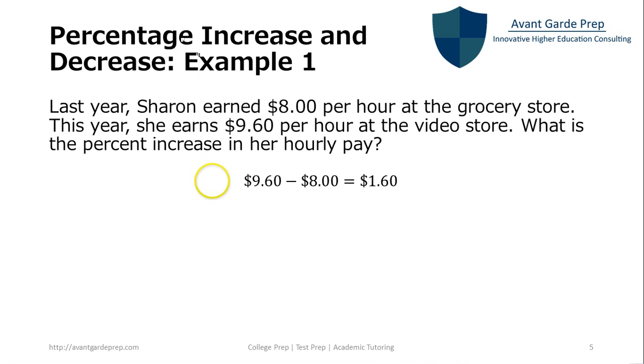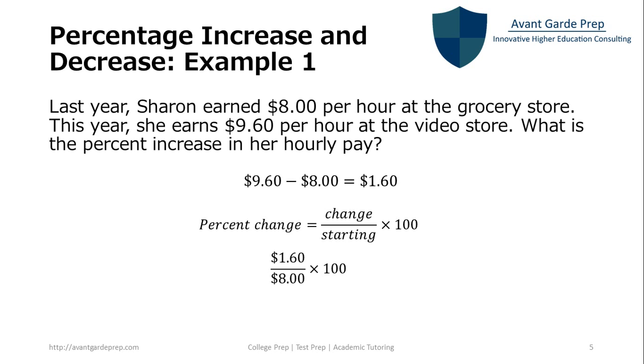Now we need to find what the percentage increase in her hourly pay was. To set this up, we'll use this simple equation that says percent change equals the change, that $1.60, over the starting or initial wage, which was $8, and then we multiply that by 100. So we have $1.60, which we calculated was the wage difference, divided by the initial wage of $8, and then we multiply that by 100.